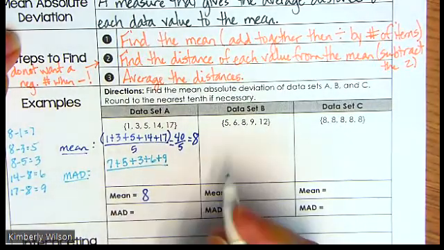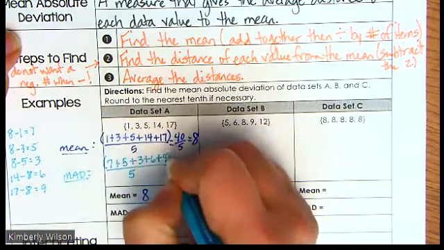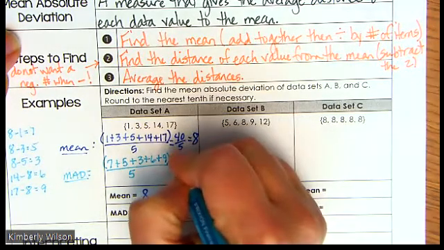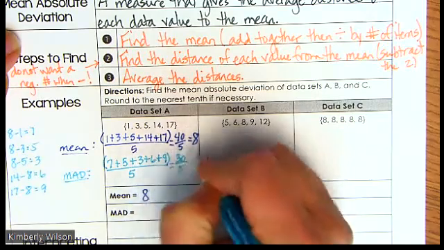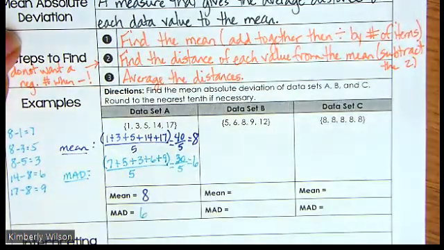And I divide by how many, which is 5. Again, we punch all of this into the calculator at one time. 7 plus 5 plus 3 plus 6 plus 9 gives me 30 over 5, which equals 6. So my MAD, my mean absolute deviation, is 6.